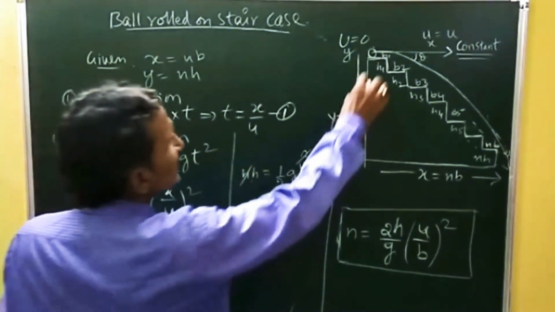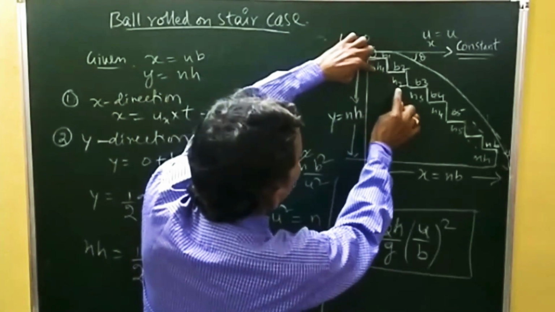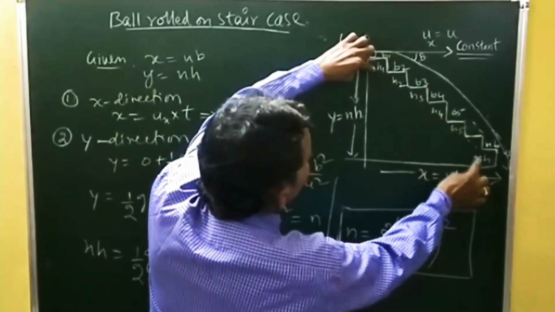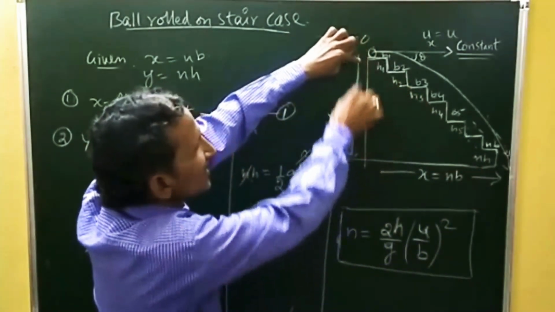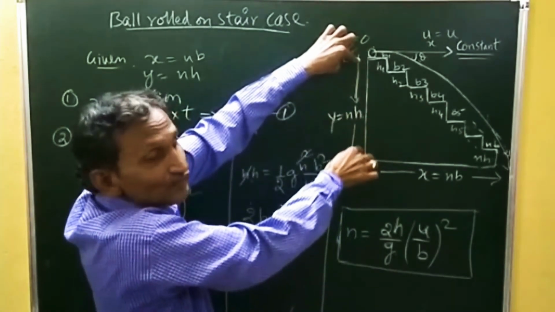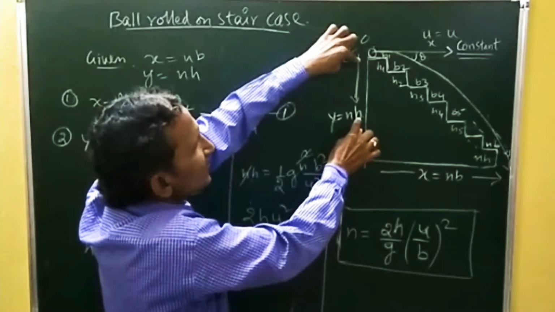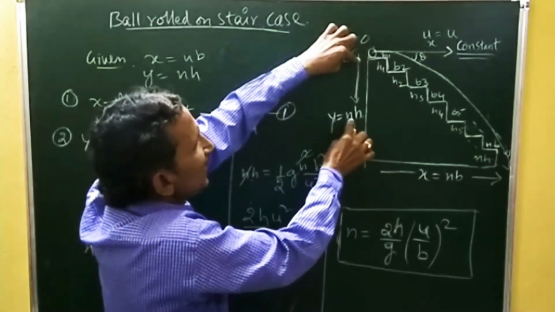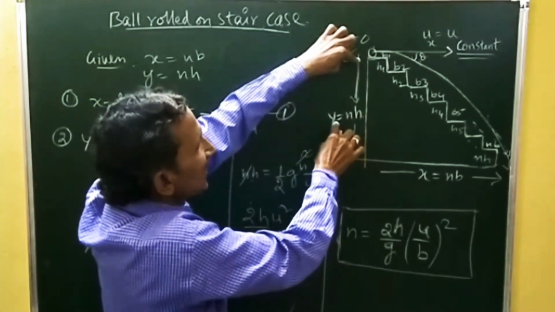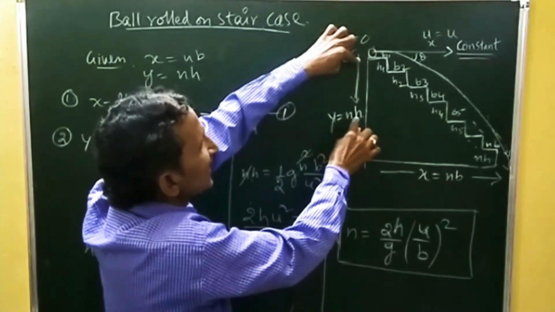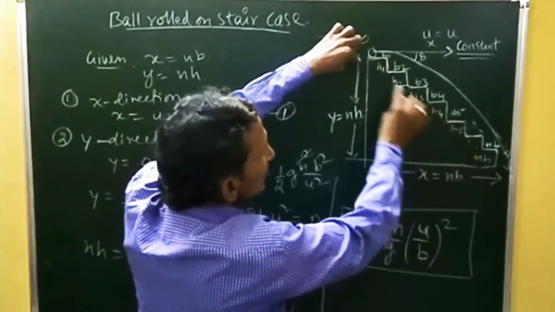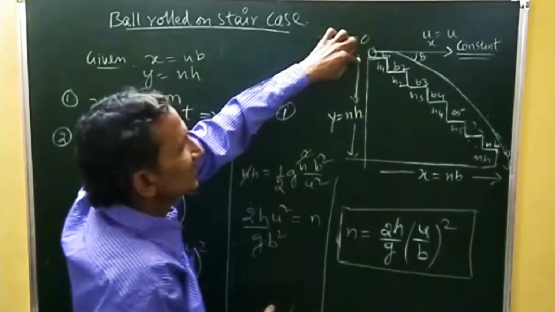Now I am taking the first height, second height, third height, fourth height, up to the nth height. The nth height means the total distance along the y direction: the height of the staircase is n times h. In the vertical direction, the height is n times the height of one step.